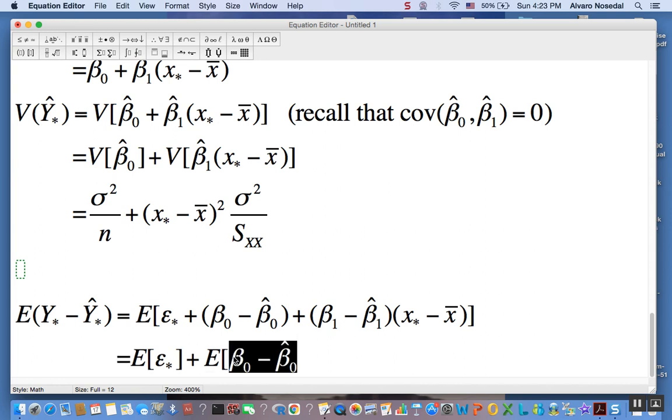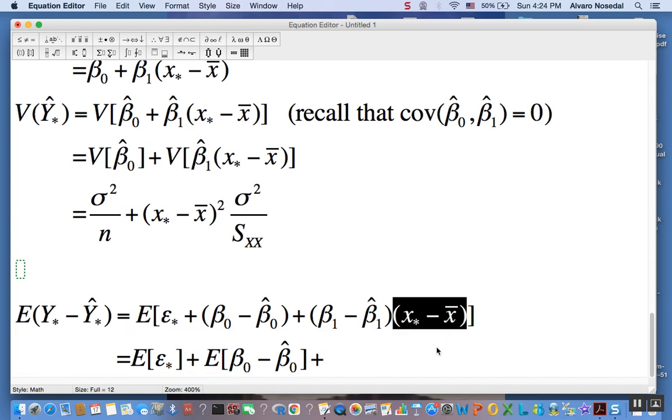But we know that beta hat 0 is an unbiased estimator of beta 0, so that difference is going to be 0 as well. And then we have a constant, x star minus x bar, times the expected value of beta 1 minus beta hat 1. We have the same situation for that guy: beta 1 hat is an unbiased estimator of beta 1.